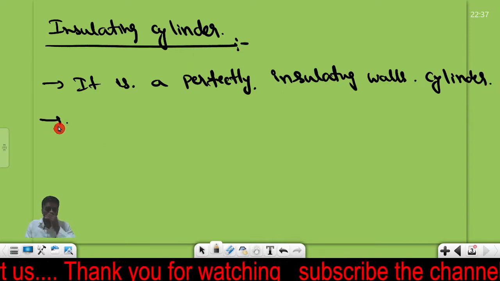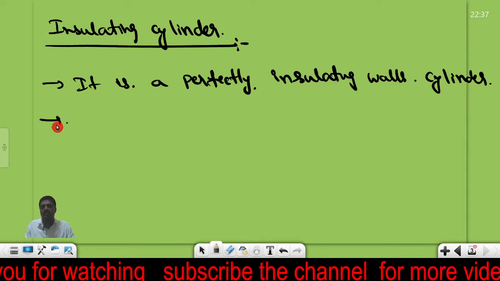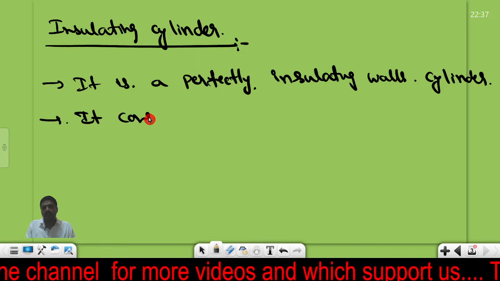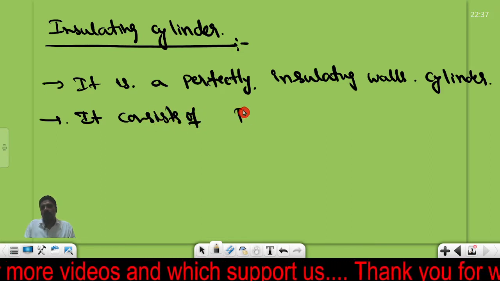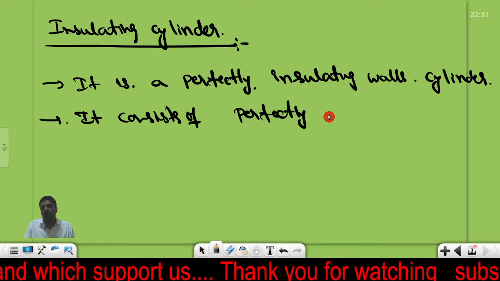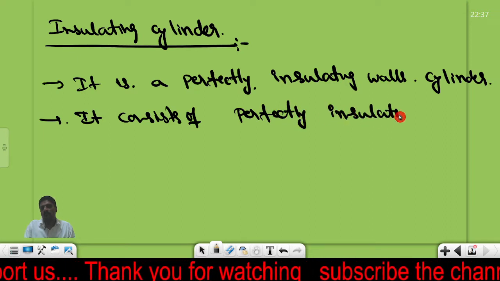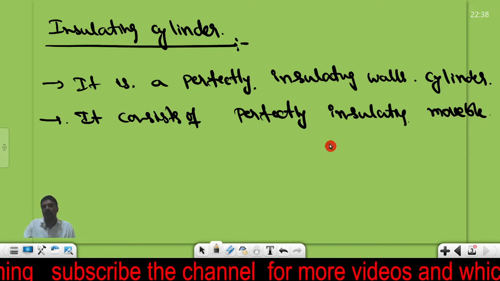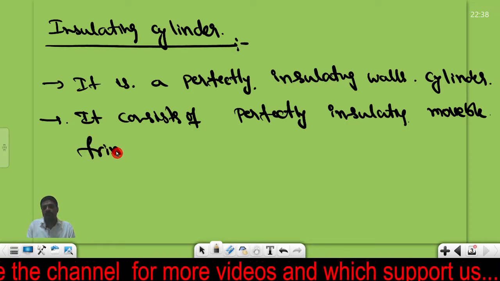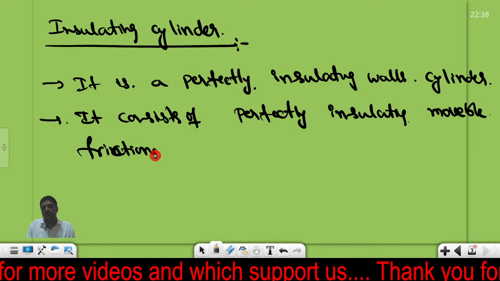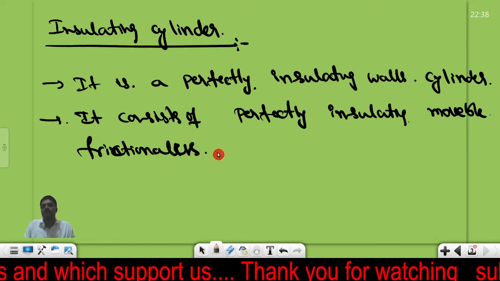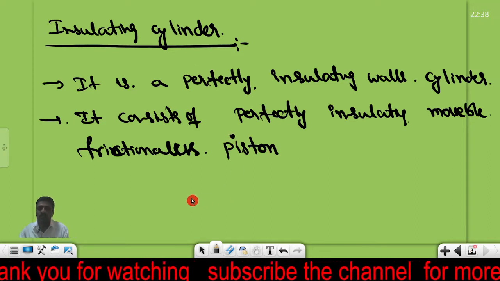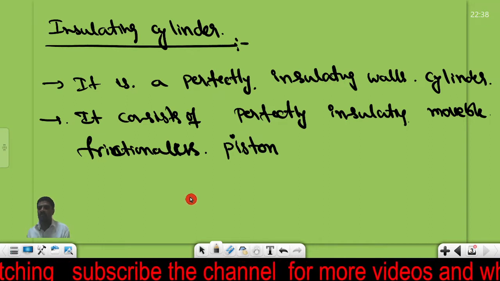This cylinder consists of a perfectly insulating, movable, frictionless piston.